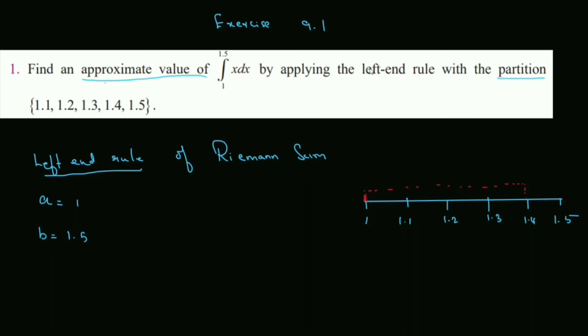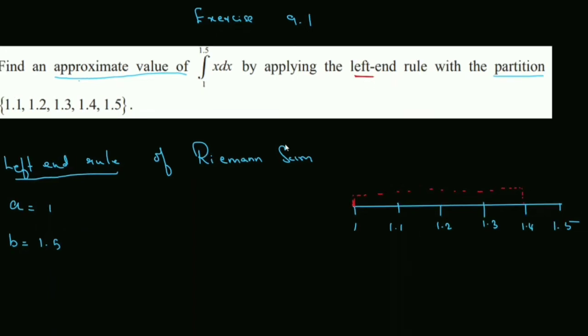If it is the right hand rule, you omit the lower limit and start from the next value.